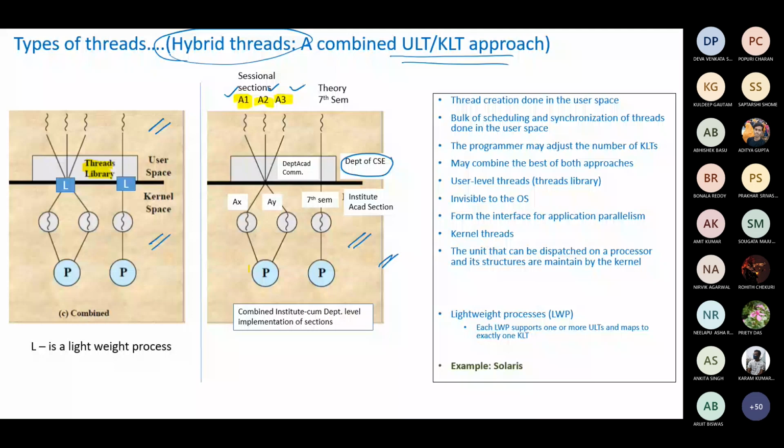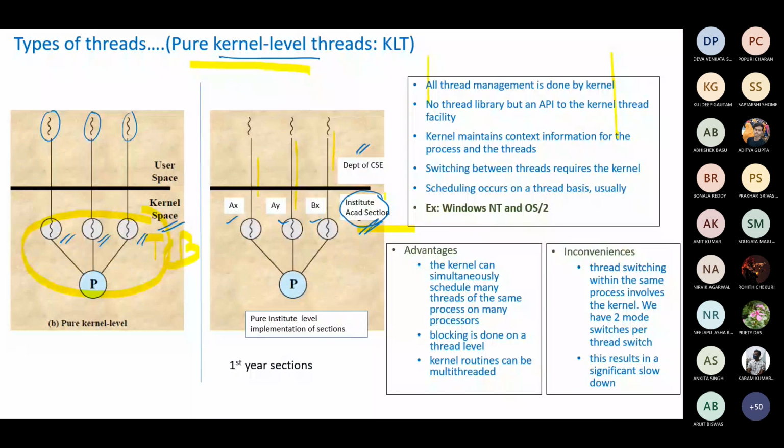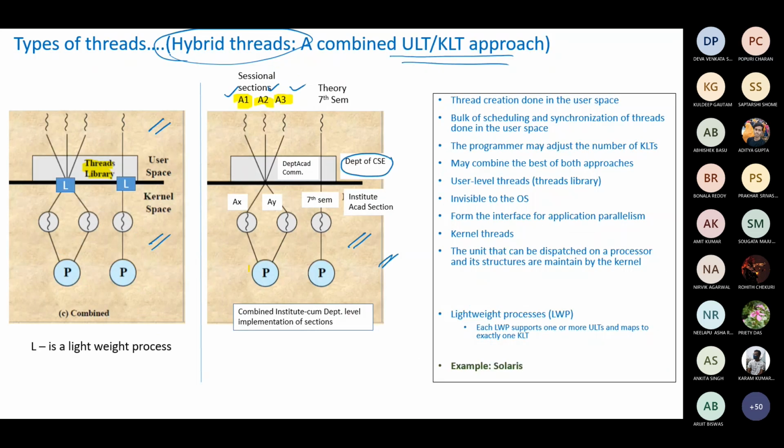If you really have multiple CPU cores, which of these will be useful? Sir, many to many. Sir, ULT and hybrid. KLT? Many to many mapping, sir. Yeah, this is obviously fine, but what about this one?